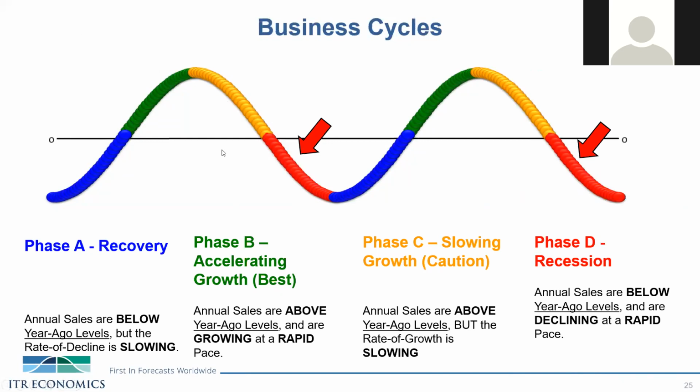In yellow, you're still above last year. You're still growing. Your revenue, your sales, or whatever you're tracking in terms of your business is still doing well. It's growing from last year. But the amplitude of growth keeps getting lower and lower compared to the green phase, which keeps getting better and better.